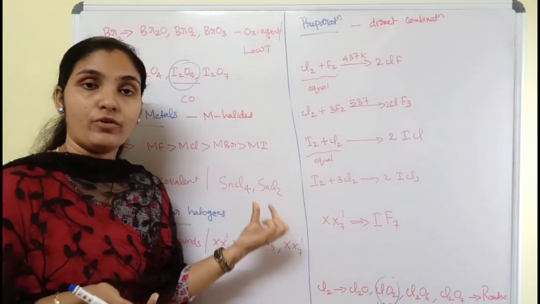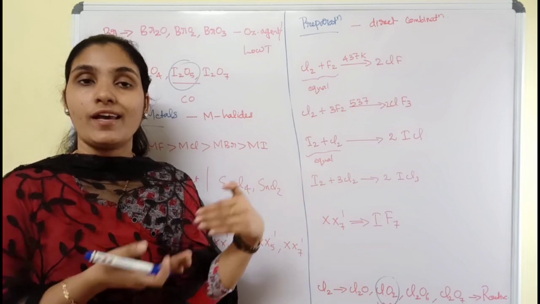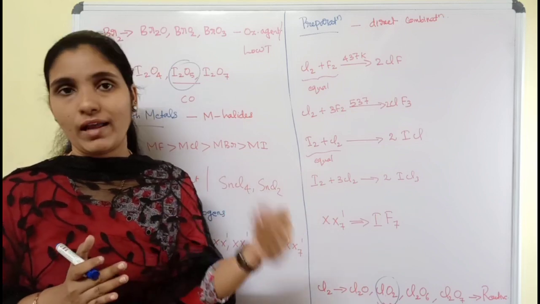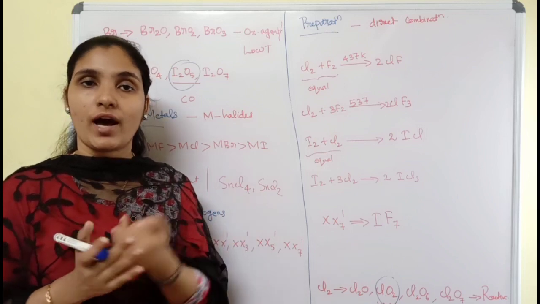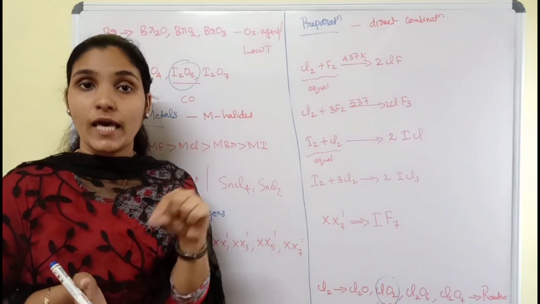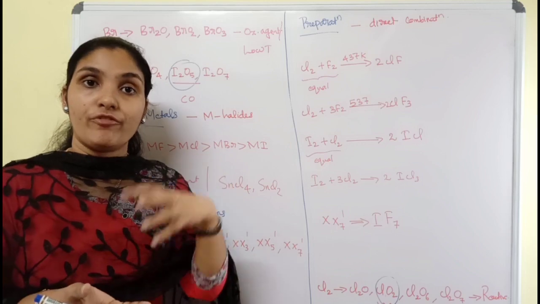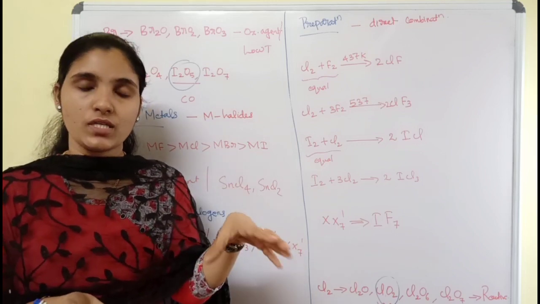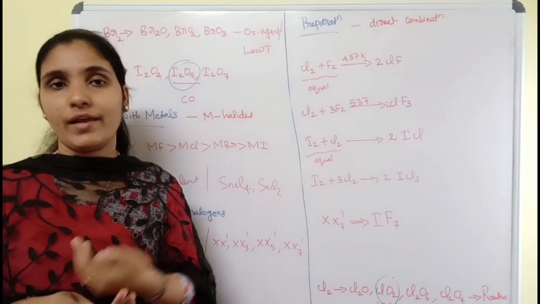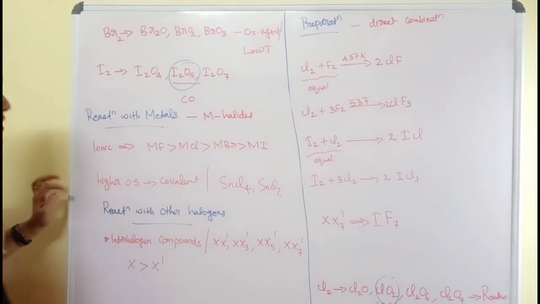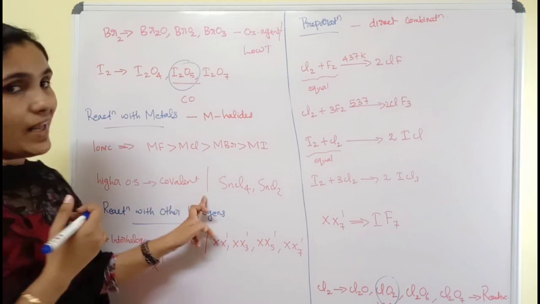So SnCl4 will be covalent in nature. That means normally metal halides are ionic in nature, but if the same metal can form different halides, the compound with higher oxidation state will be covalent in nature. Note down that.